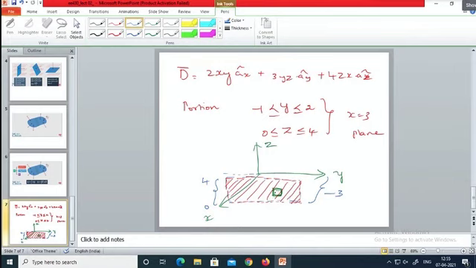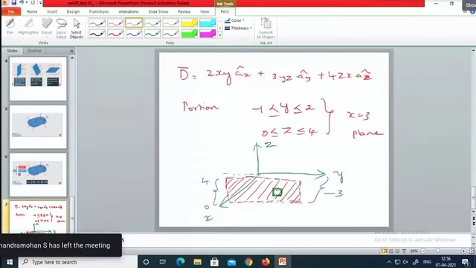So the perpendicular would be parallel to which axis now? Any idea? Yeah, X-axis. Exactly. The perpendicular to this surface will be parallel to the X-axis, because the surface is on the ZY plane.